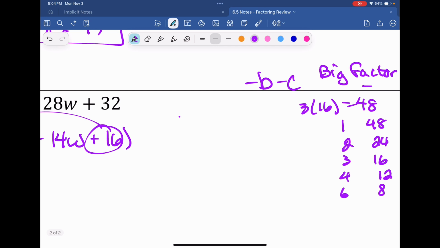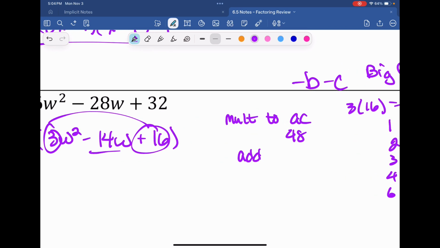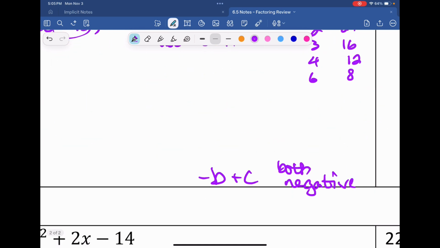So it's going to multiply to AC, that's 48, add to -14. Okay, so both negative.